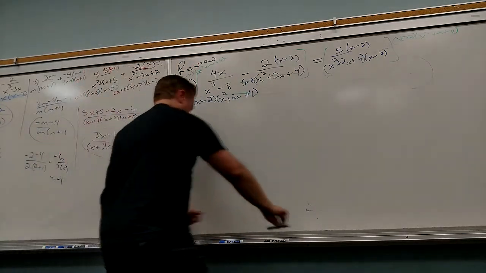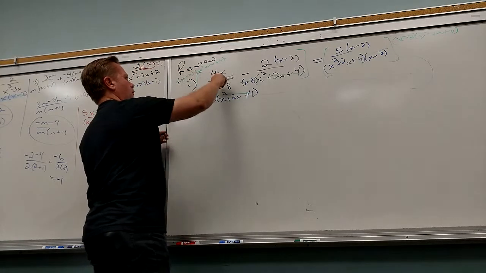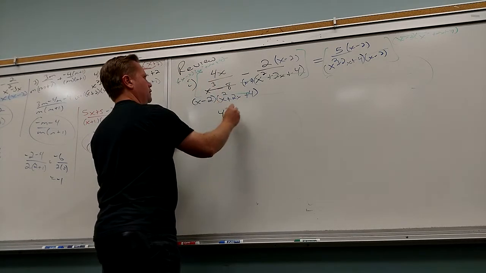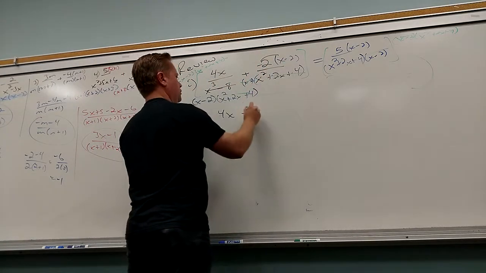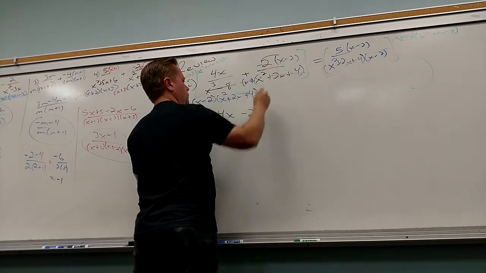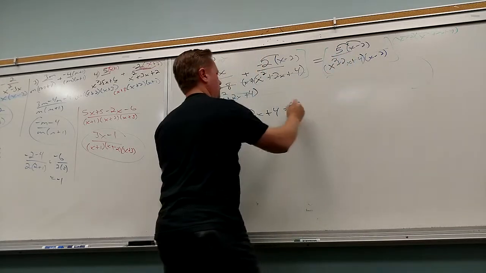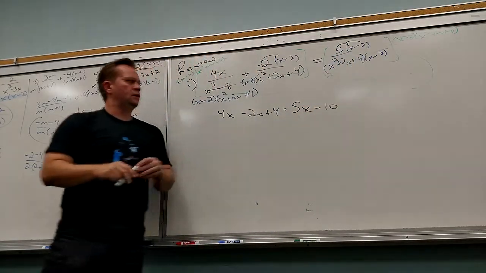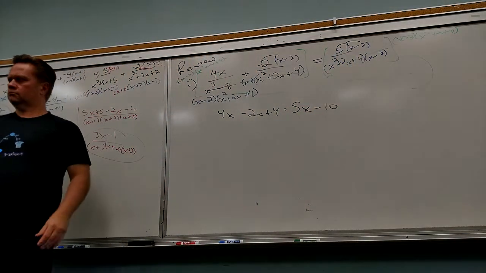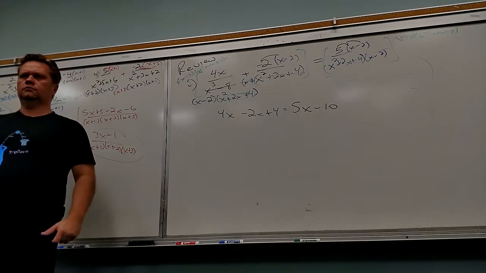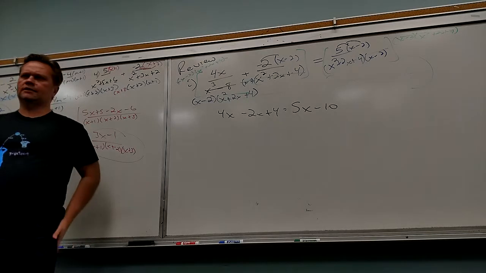So what am I left with here? 4x. Yeah, he's gone already. 4x minus 2x plus 4, I like it. 5x minus 10, and that's easy. Don't even hesitate to say that, yes.